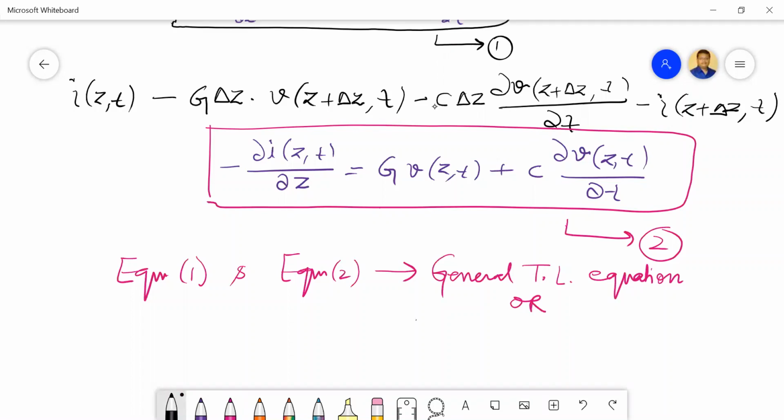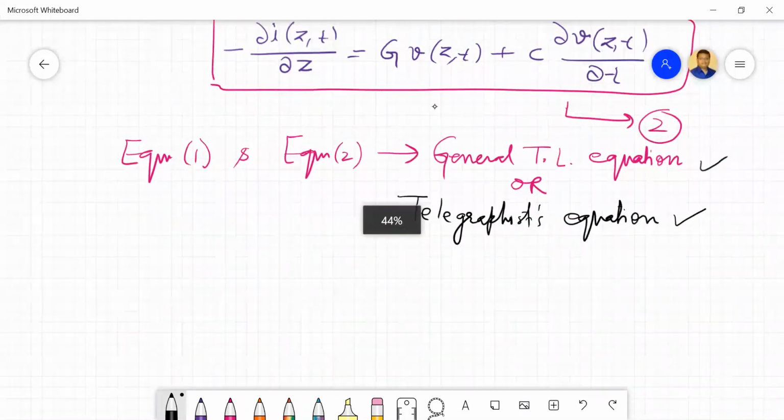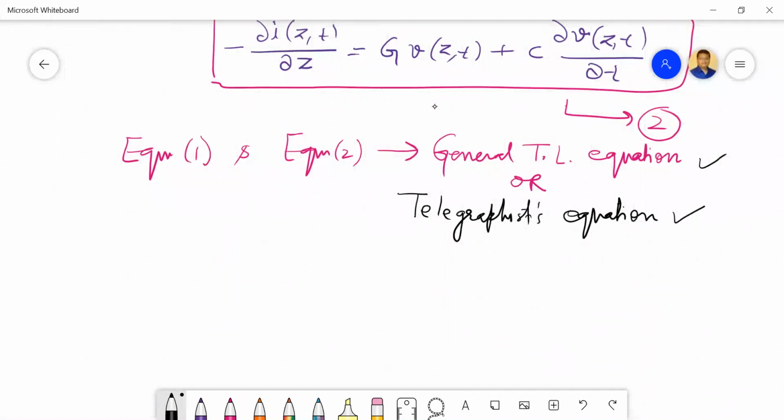What is that? Telegraphist equation. So please remember these terms, correct? So these are the two equations, and this is the general transmission equation. And now the story is complete here.